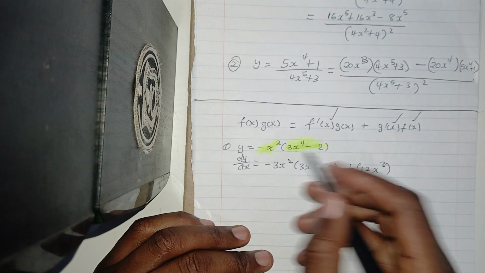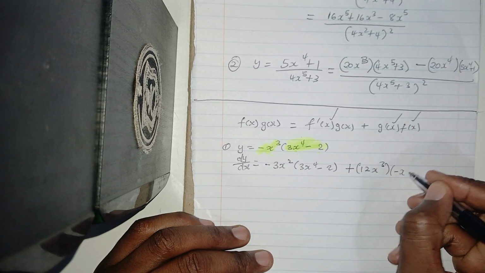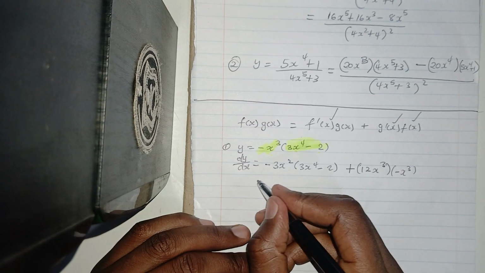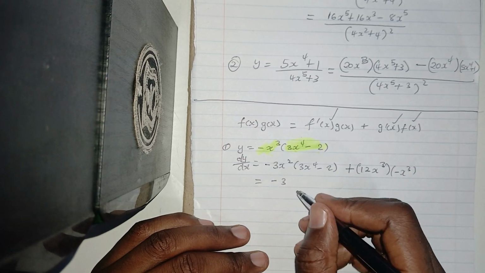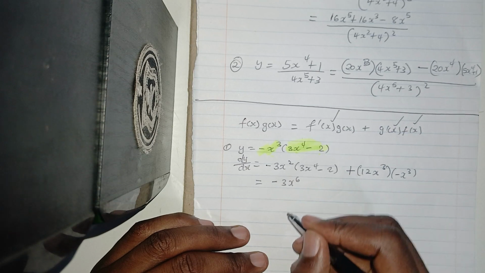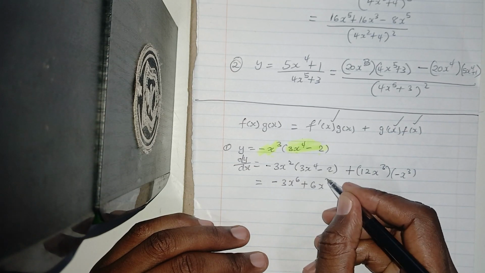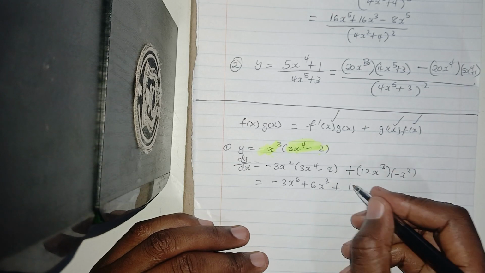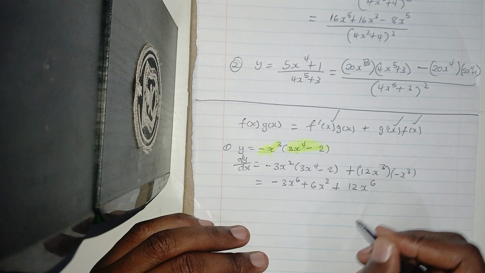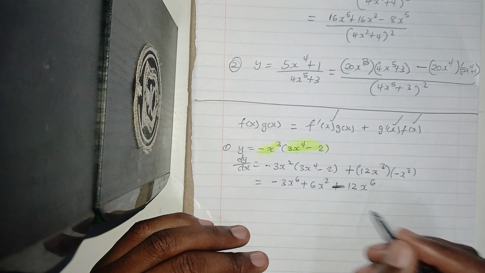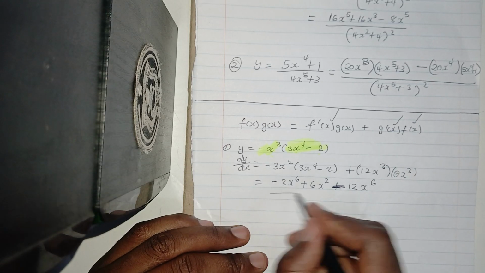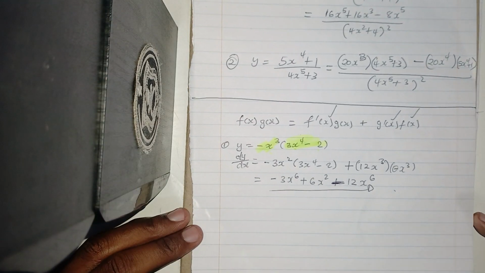After deriving this, we have to multiply by the original of the first one. So that means it's going to be negative 3x to the power 6, minus, or now it has to be plus 6x squared plus 12x to the power 6. So it will be negative because of this negative. So that's how it should be.